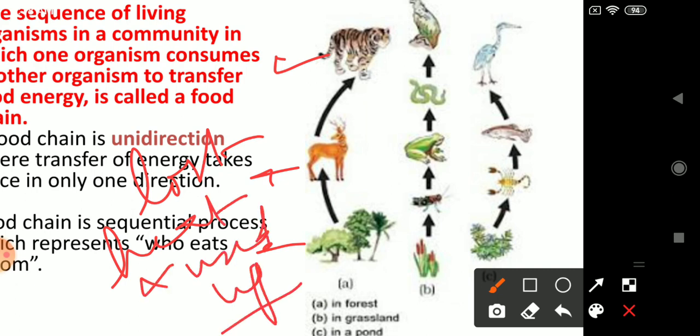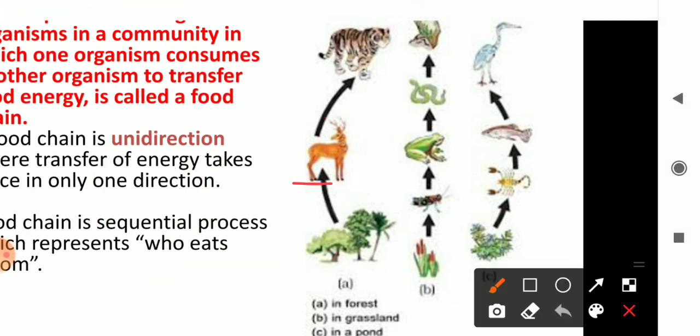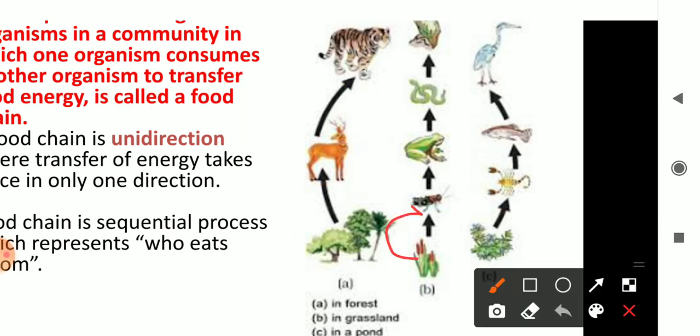This accounts for around 90% of the total energy which any level obtains. So the amount of energy left at every level will be just 10% of the previous level, and this is what is available to the next level. At the next level also, 90% is lost as heat or is used up, and only 10% is stored. So as we move to higher levels, the amount of energy goes on reducing.